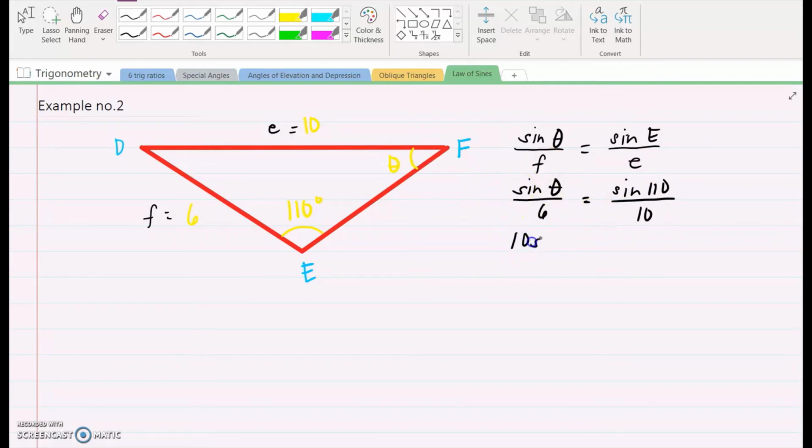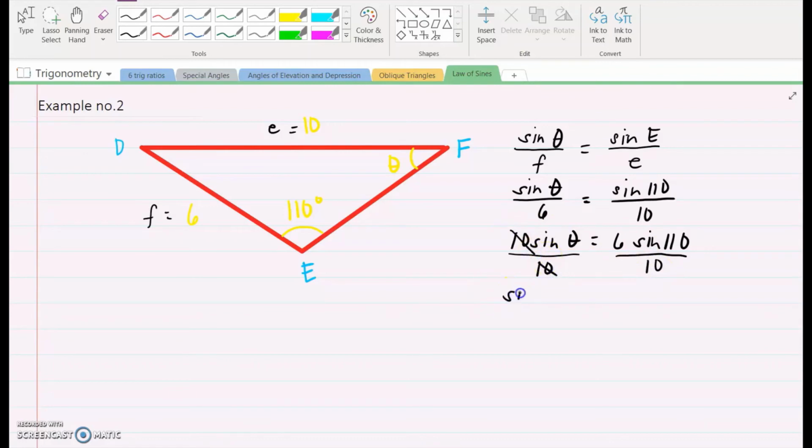So you have 10 sine theta equals 6 sine 110. Since we are looking for theta, we're going to divide both sides of the equation by 10, canceling 10 here.